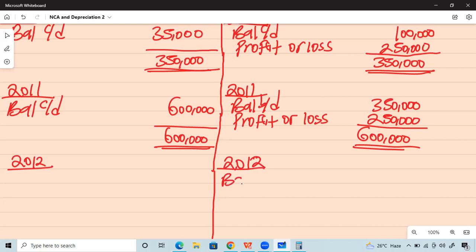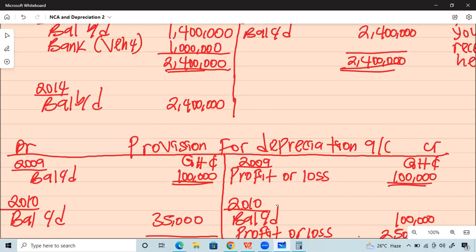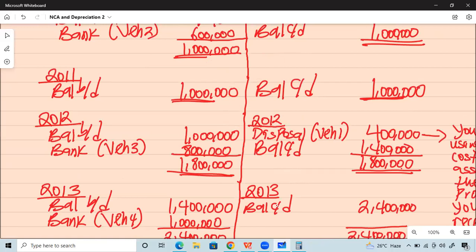What is our balance brought down? So in 2012, what will be the depreciation? What is the value of your asset?